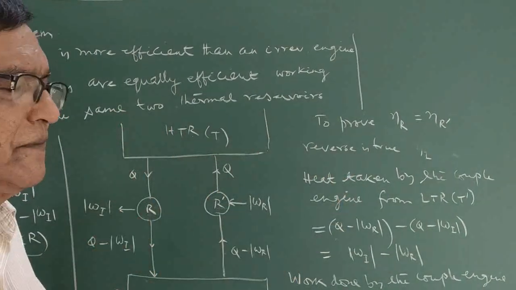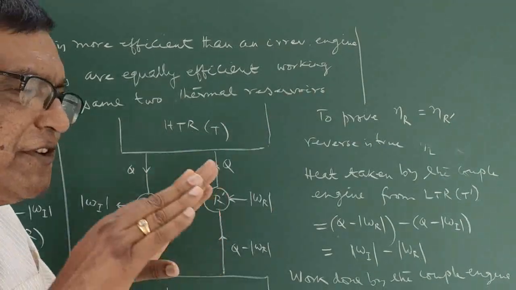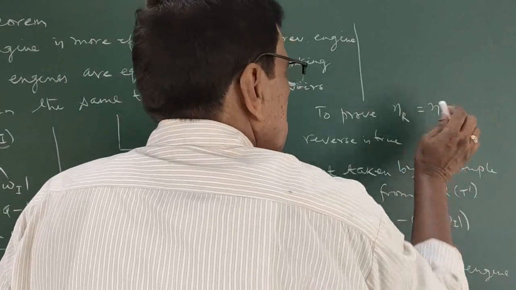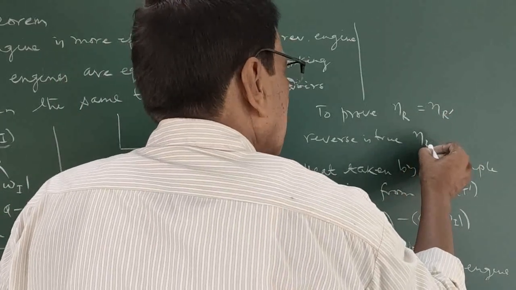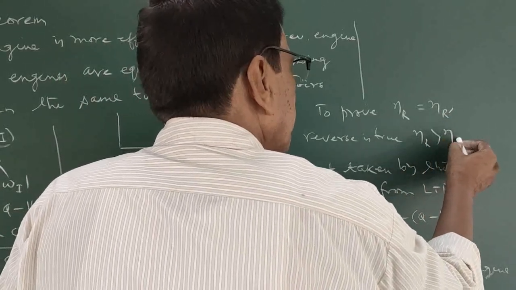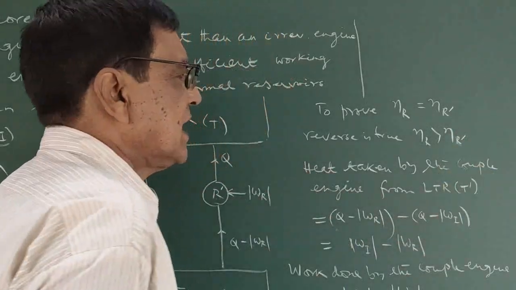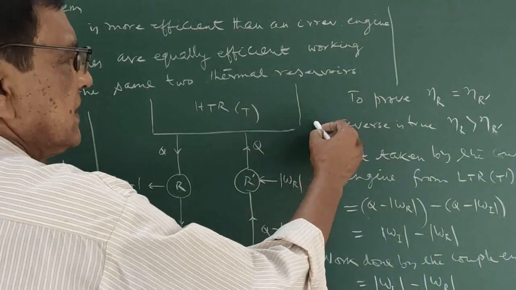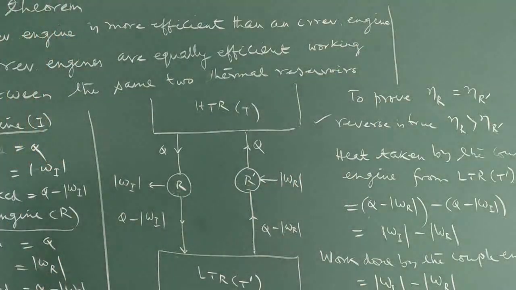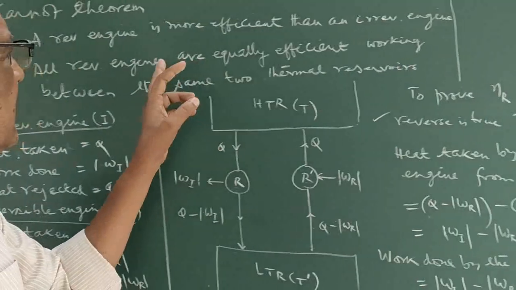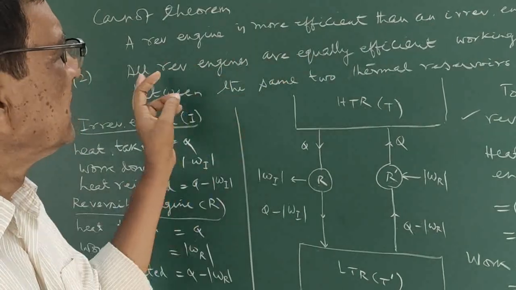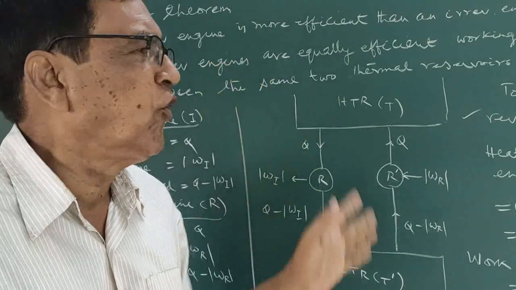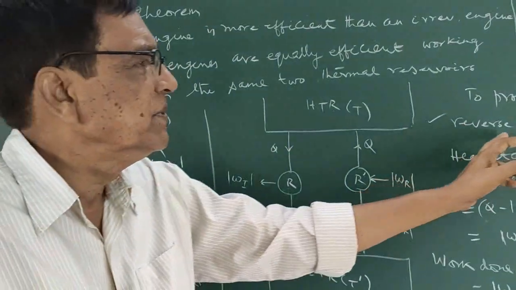Both are equal. If it is not true, then the reverse is true. Say eta R is greater than eta R dash. If we take this assertion and the given statement of this Carnot theorem is false, then this will be true.